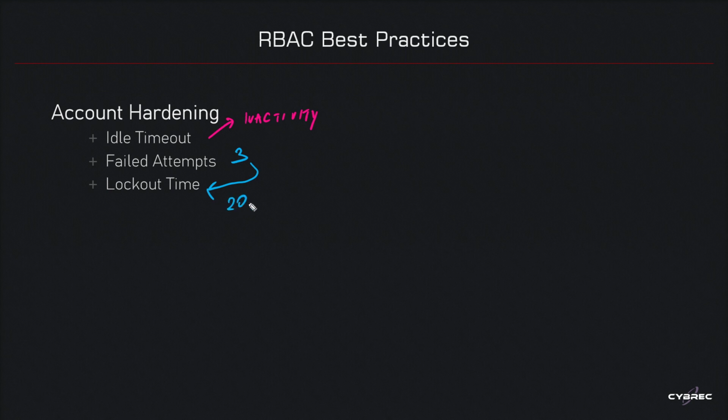Like if I say 20 minutes here for the lockout, it means that when I fail authentication once, the second time, and the third time, another authentication prompt I'm going to get is going to be shown after 20 minutes.